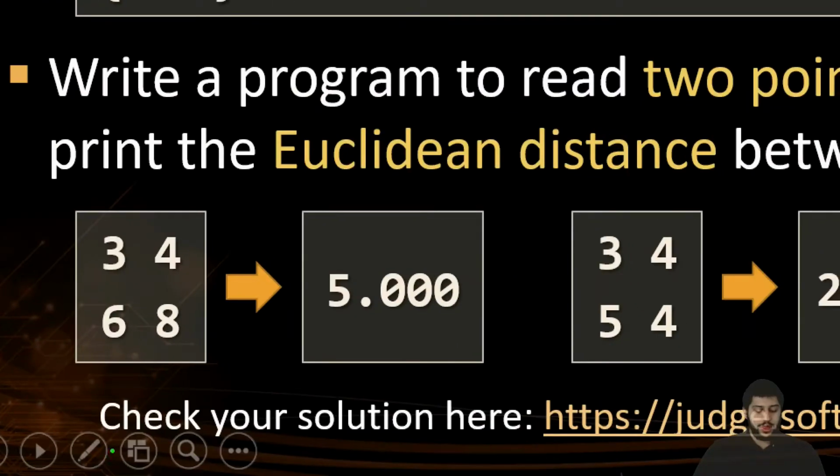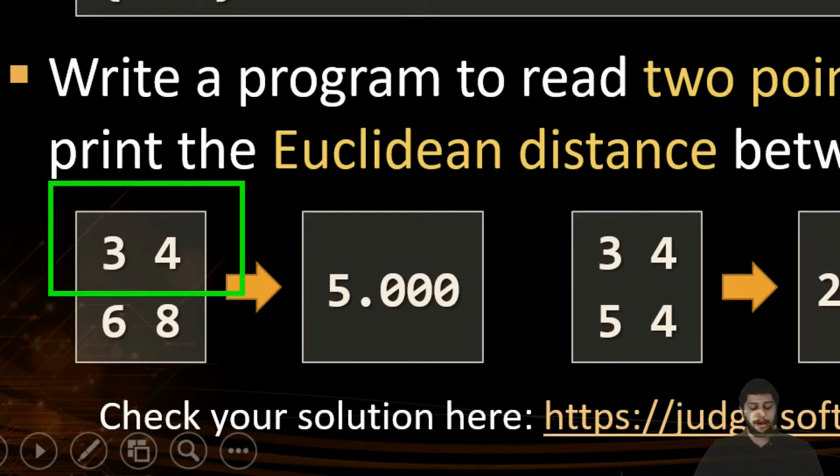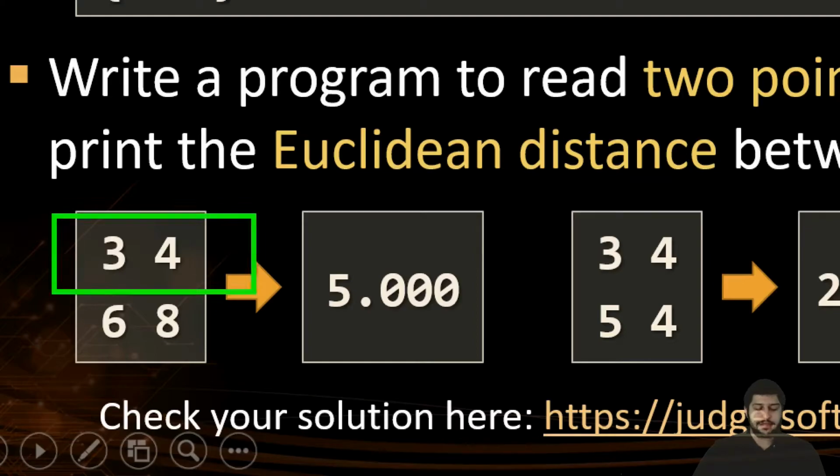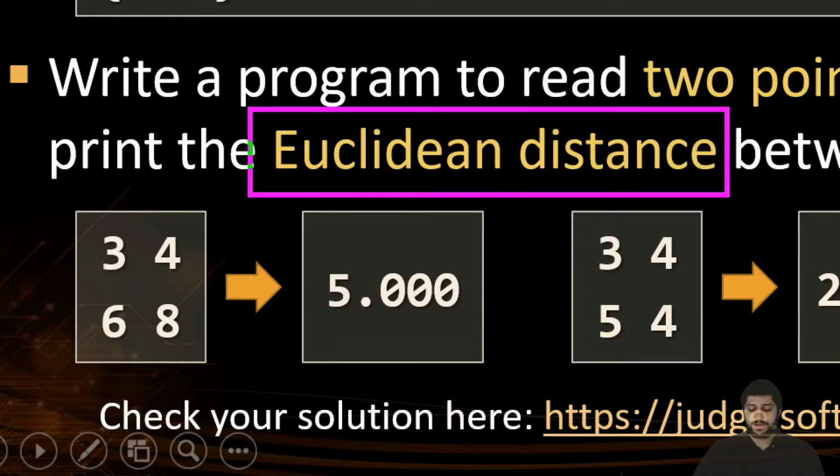First of all, we have two inputs on two different lines in the console, and each line contains a point. So we have 2 points that are going to be supplied to us by the user. And we need to calculate the Euclidean distance between these 2 points.